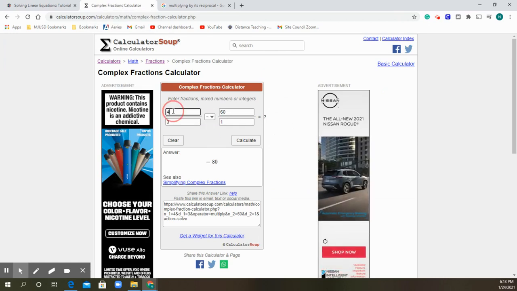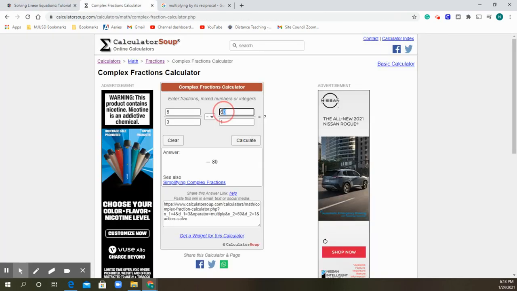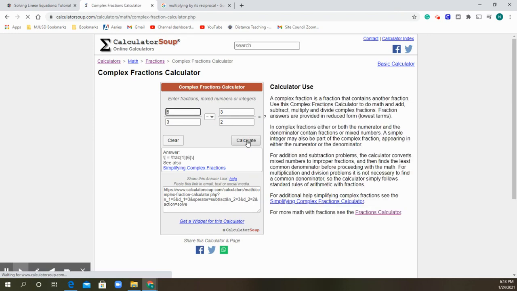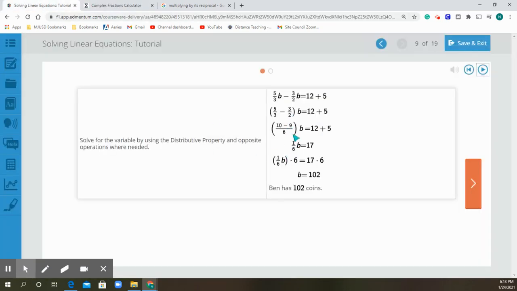We can use the calculator to do 5/3 minus 3/2 and calculate. It equals 1/6. They are doing multiplication, so we multiply 3 times 2 to get 6.